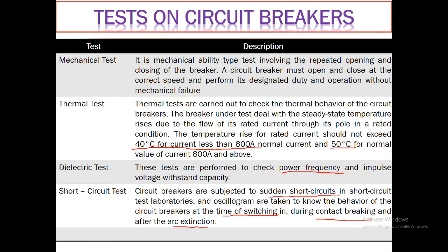Ultimately, in the short circuit test, the oscilloscope normally captures the short circuit current waveform, based on which one can determine other specifications like the breaking capacity, meaning the asymmetrical breaking capacity, symmetrical breaking capacity, making current capacity, short time current rating of circuit breakers, and obviously also the rated current, rated voltage, and rated frequency.